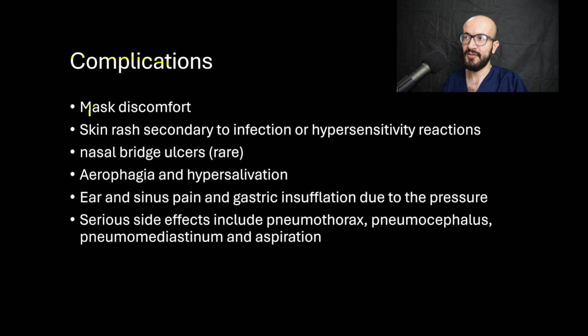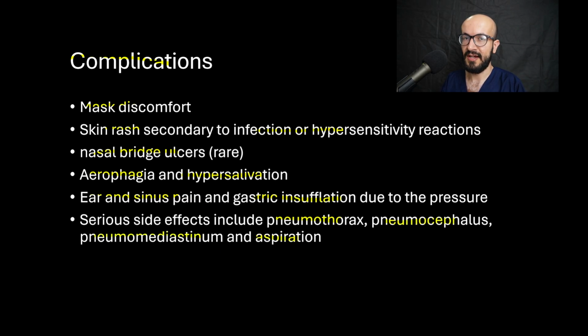So those include mask discomfort and skin rash secondary to infection or hypersensitivity reactions, and they also include nasal bridge ulcers, which are rare, and they include aerophagia and hypersalivation, and they include ear and sinus pain and gastric insufflation.